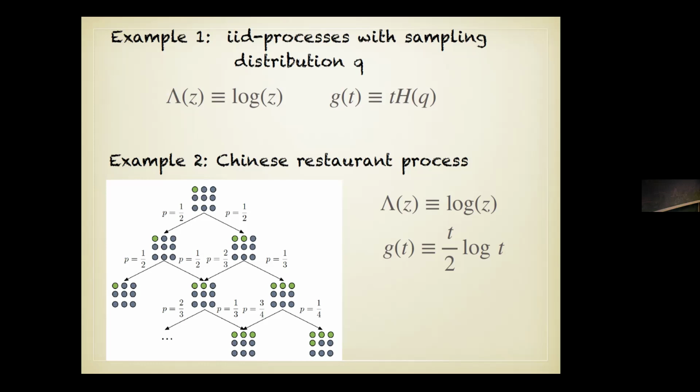So your uncertainty about your process, your process is actually producing more and more entropy as it proceeds.